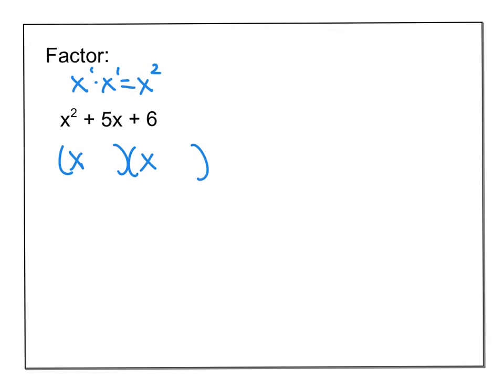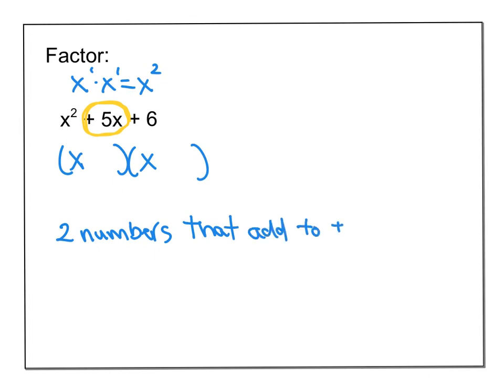And now what you need to know is you're looking to see what adds to that middle coefficient. So we're looking to see what two numbers, I need two numbers that add to a positive 5, and then we always use the constant or the third term for the multiplication one.